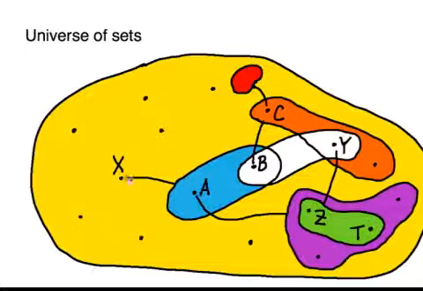And at this point, we're not ruling out the possibility that a set could have itself as an element. For example, there could be a set D having itself as an element. So how would we display that? Perhaps like this.